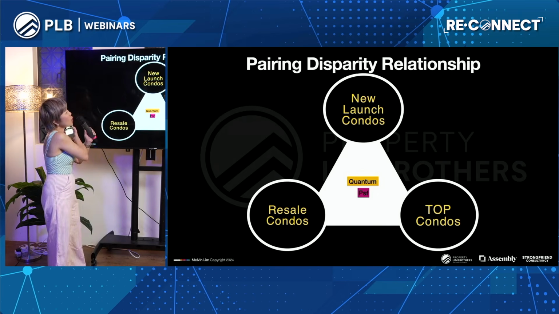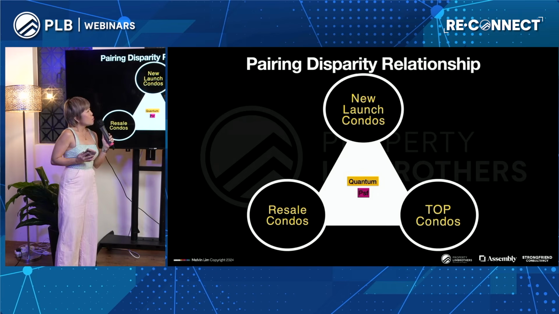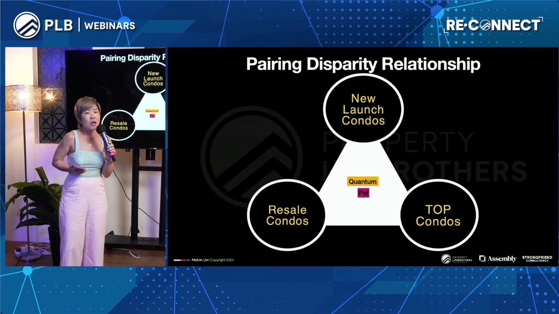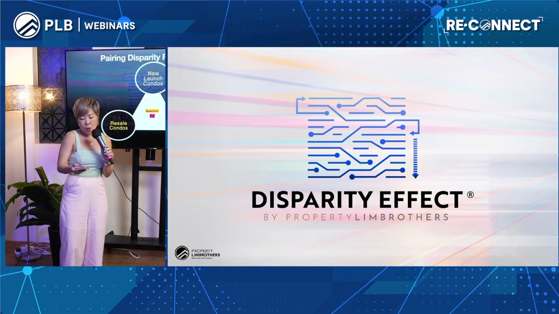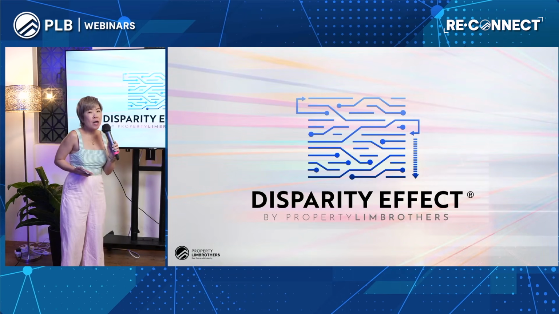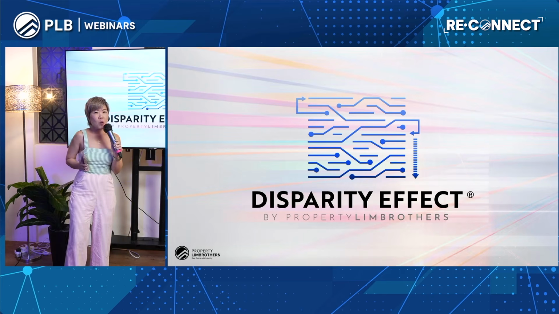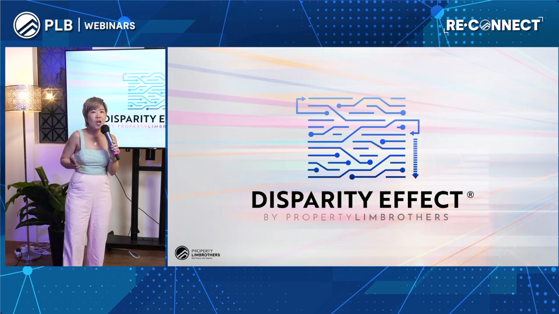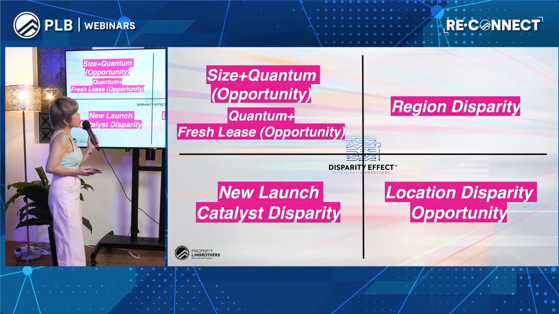As we know in real estate, new launches are always able to achieve a high PSF, and not necessarily a high quantum, because the size of properties has been getting smaller. So in PLB, what we share is using these disparity frameworks to help us identify the disparity between region to region, between leasehold and freehold, between the different districts, and of course, let's look at this slide, between the size and quantum.